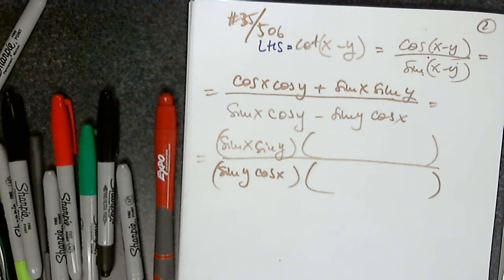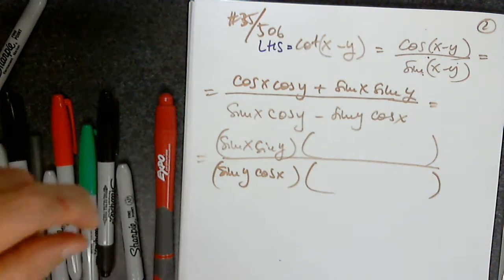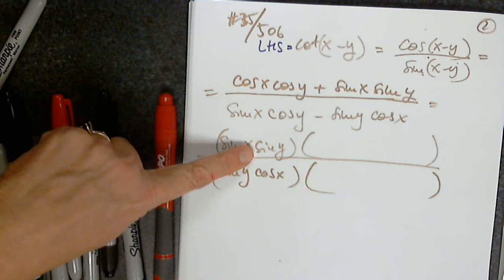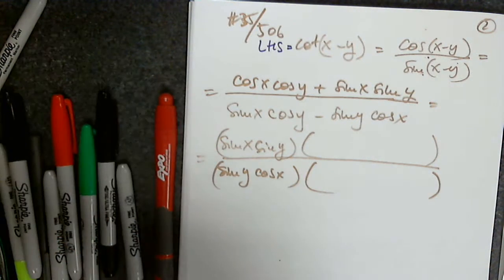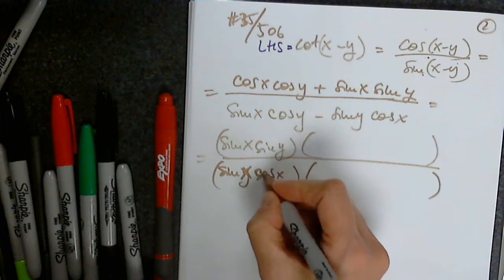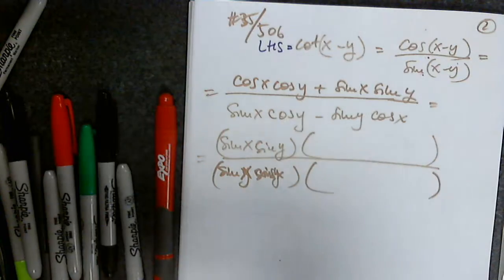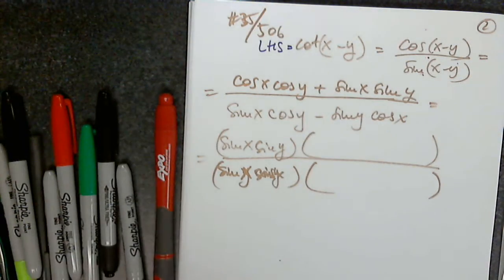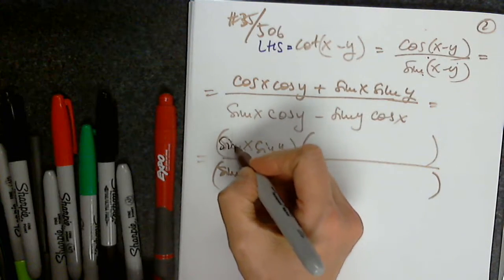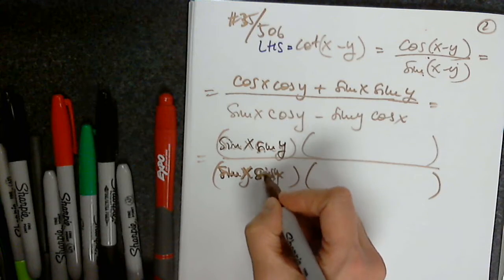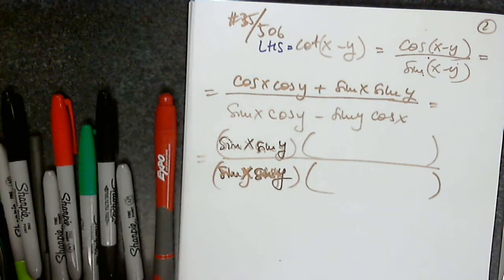Let me see. I have to get a cotangent y, so I have to have cosine over sine. Okay, let me write this again. Only because I started from the left-hand side, now I have no choice. Sine x, sine y, sine x, sine y. Both of them are the same.